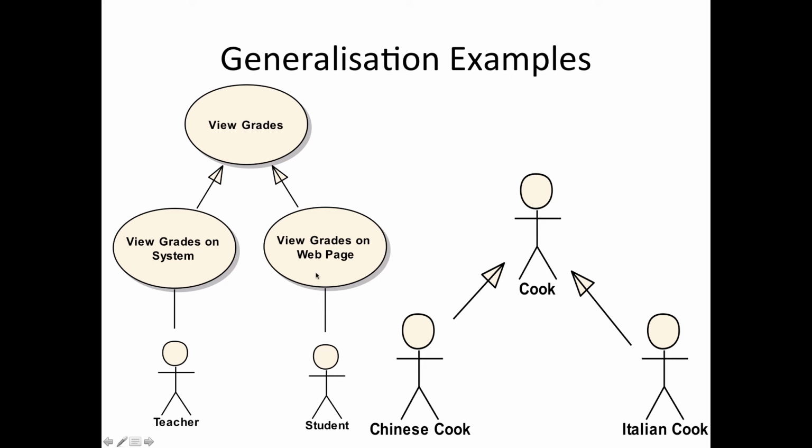You can view grades on your web page, either via your phone, or on a web page on your home computer or a computer at the school. So there it is. Here's another one: we have a cook, we have a Chinese cook or an Italian cook. So those are generalisation examples.